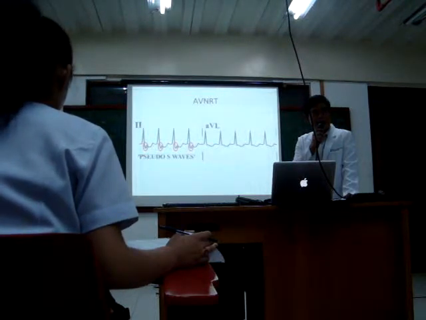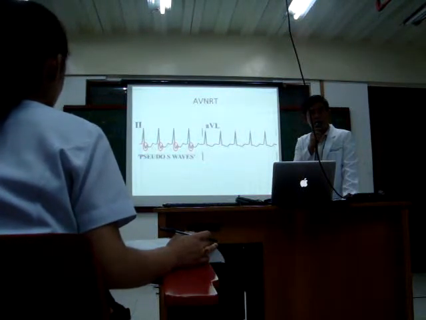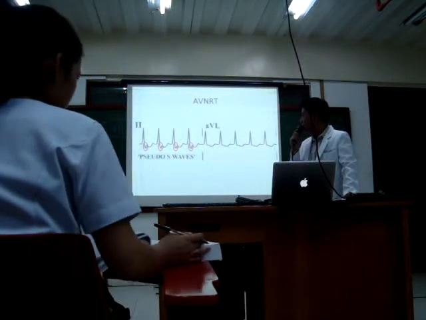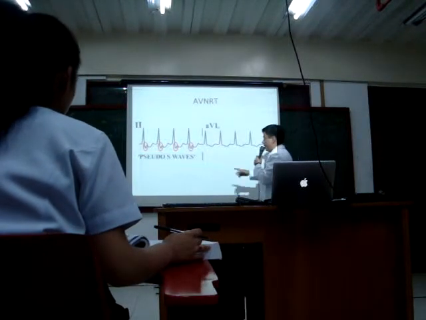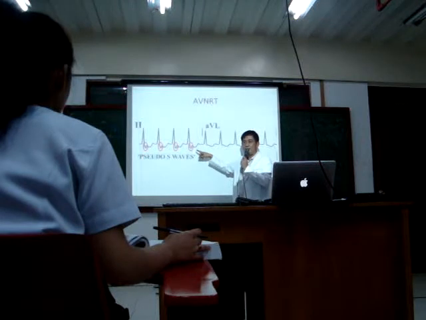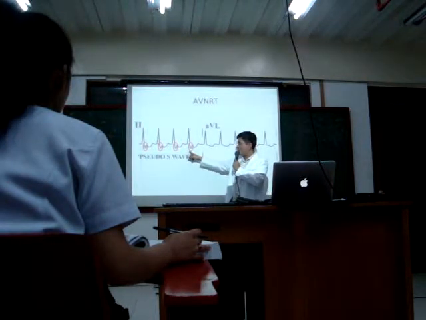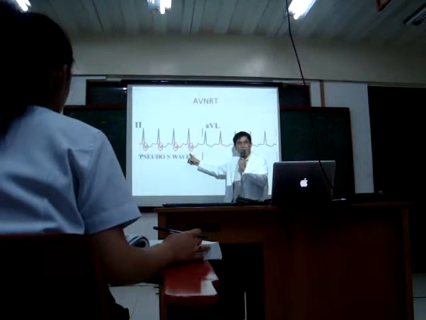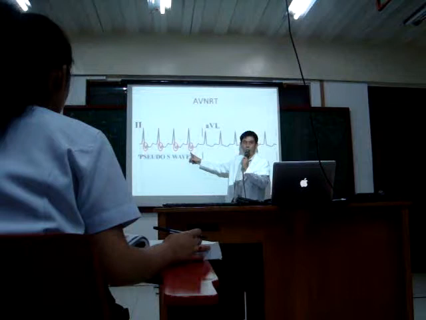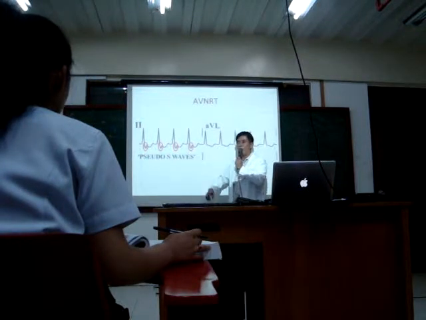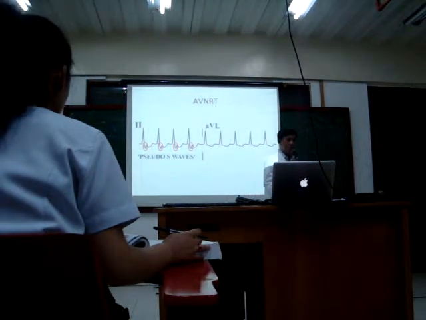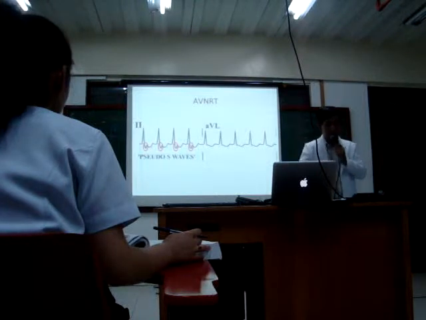The reason why it's called a false S wave or pseudo S wave is because, remember PQRS, S always goes down. But it's not an S wave. It's a P wave that's inverted. And now we're looking at it. Why would the P wave be inverted and come after the QRS complex?